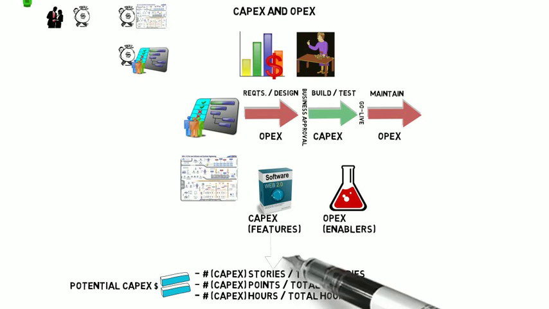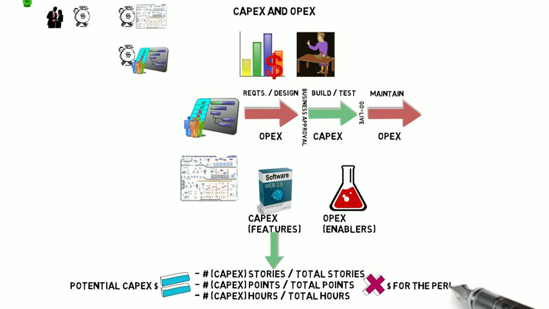Potential CapEx dollars would be equal to either the number of stories over total stories, number of points over total points, or number of hours over total hours, and then we multiply that by the total spend, or the total dollars that we have spent for the overall period.